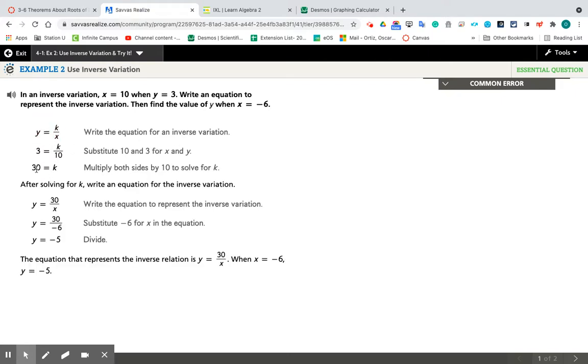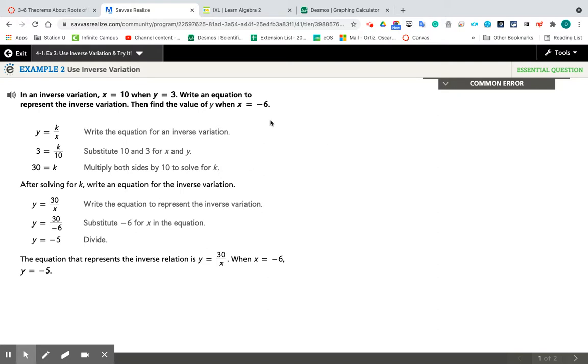So once again, the constant of proportionality, that's what this number k is called, is 30. So we can write that one number equals 30 divided by the other number. Remember, we can even interchange x and y, and that would be the same equation. So if given the general equation, you can just plug in x equals -6 and you will find y equals -5.